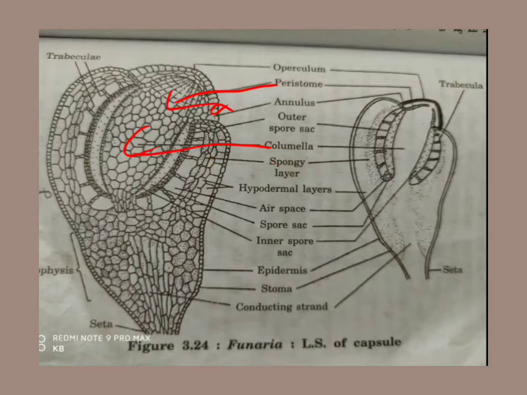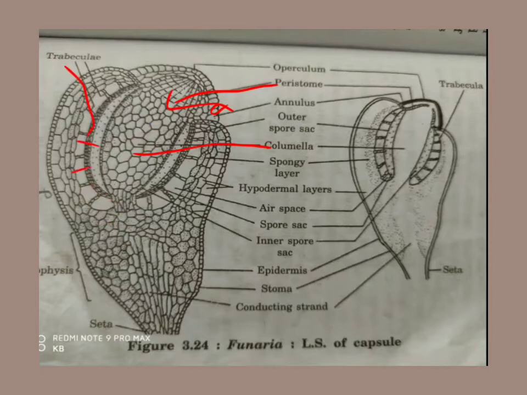You can see this portion is the air space, and the air space is connected by the trabeculae. This connection is known as trabeculae.